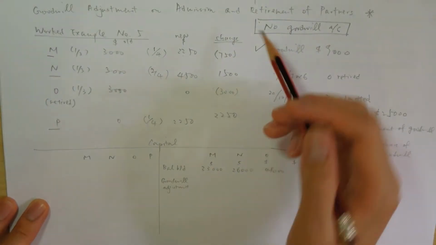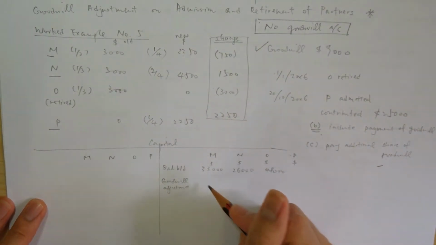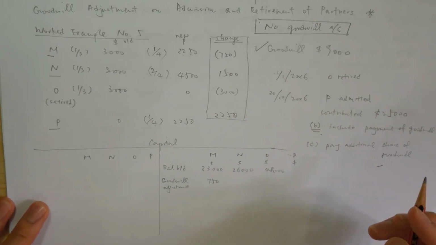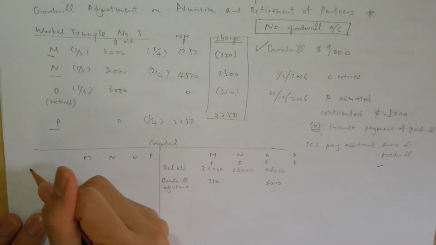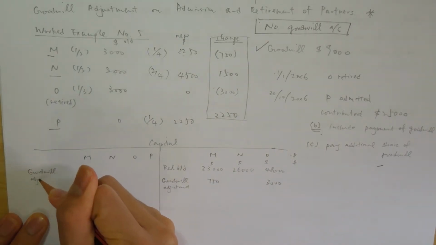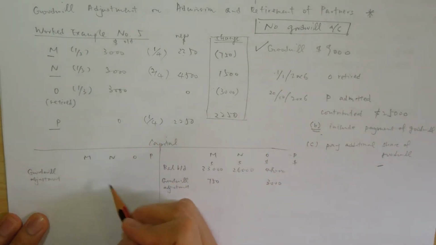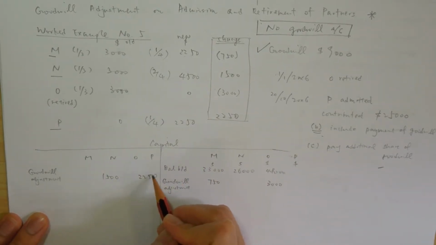Remind you one more time, if this is negative, then we will credit it. For O, also credit it. For M and N, debit it, and for P, also debit it.